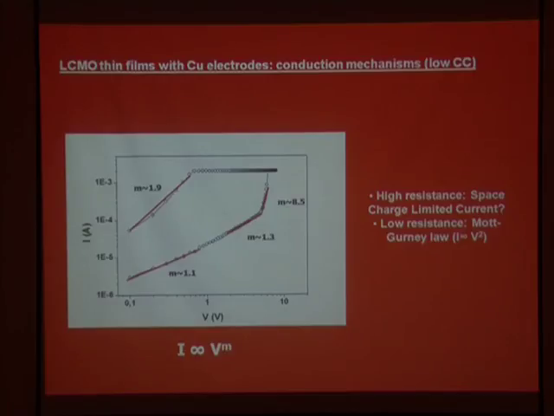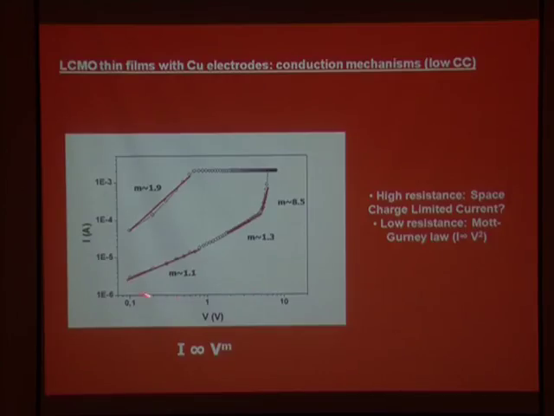We tried to get some insight into the electrical conduction mechanism for this kind of samples, and this is a sample measured with a low compliance current, and we plot it in a log-log graph, the low current, so the high resistance, and the low resistance.